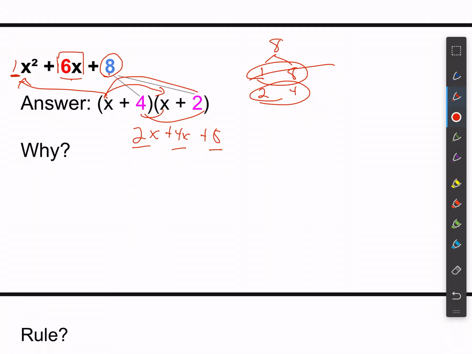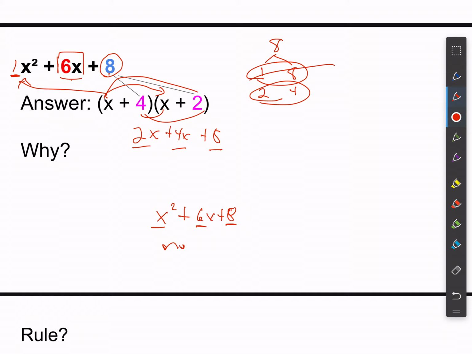So with factoring, here's something that I always tell students. The first thing you always do in your factor is you ask yourself, is there anything I could take out of all the pieces? Okay, so if we look at this thing again, x squared plus 6x plus 8. First question you always ask yourself when factoring, is there anything I can take out of all three? Is there anything in common with all three? And the answer to that is no. The only thing that's in common is 1.